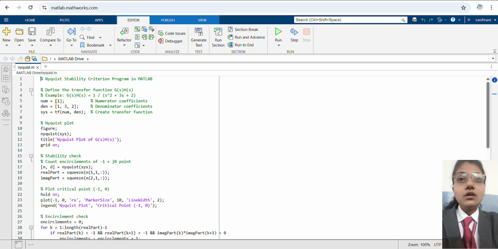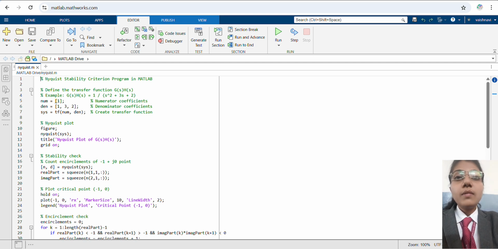Here nyquist can return data if you request output variables. After squeezing, the real part is plotted on the real axis values of the Nyquist curve, and the imaginary part is the imaginary values which are plotted on the y-axis.